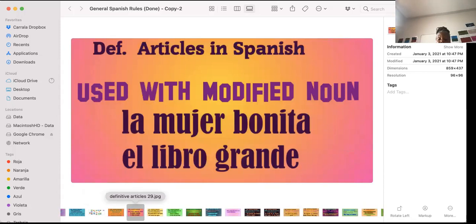The definite article is also used when the noun is modified. La mujer bonita, with the adjective bonita. El libro grande, with the adjective grande. So when a noun is modified, you must use the definite article.